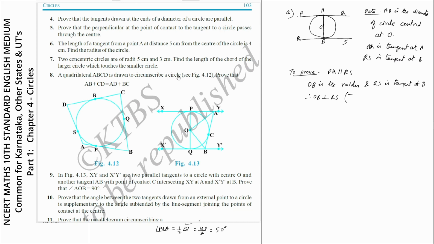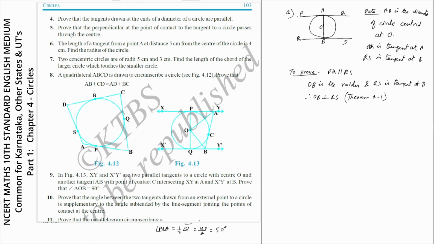From theorem 4.1 we learnt it. According to theorem 4.1, the tangent at any point of a circle is perpendicular to the radius through the point of contact. Therefore OB is perpendicular to RS.